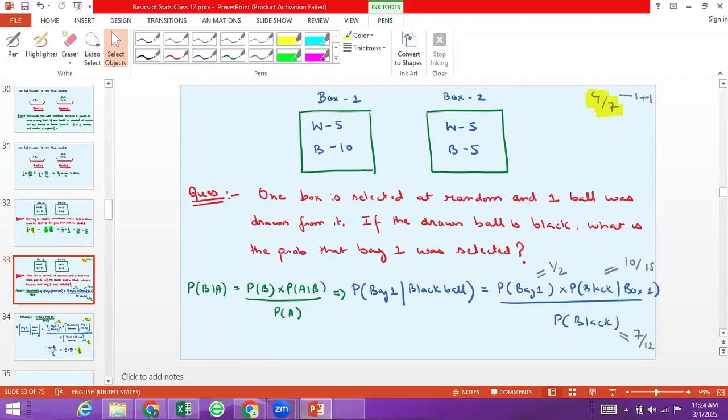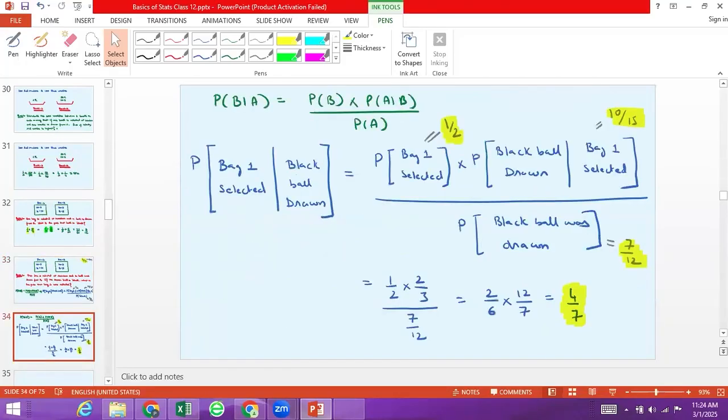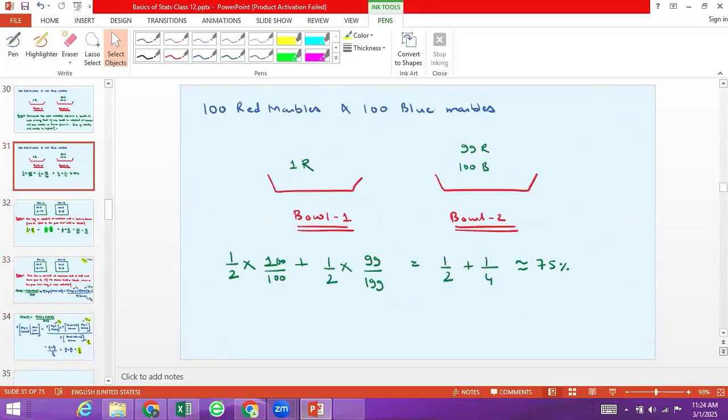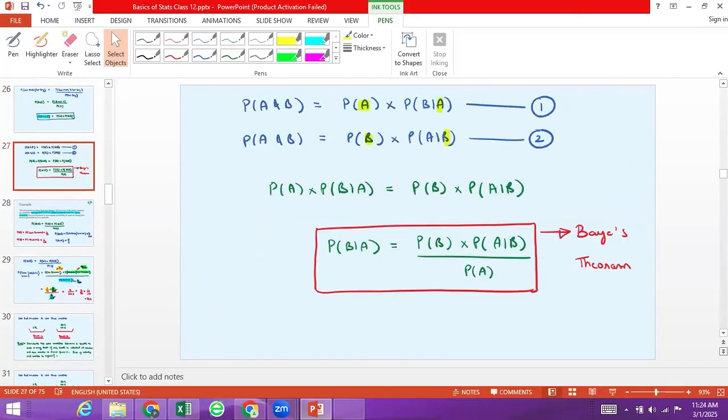Puneet, I had one query. Do we really have to practice numericals on these theorems or concepts to have hands-on experience? Yes. Otherwise, for example, if I had just told you that this is Bayes theorem, and you don't practice this, then I don't think we will be able to grasp it to that level.